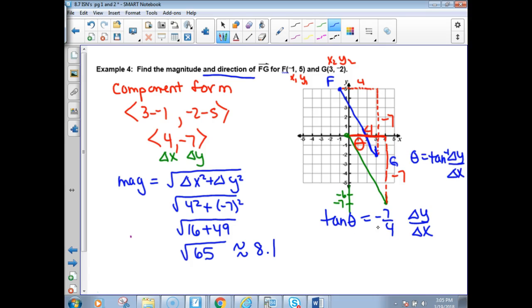So whichever way works for you, they're still going to be the same process. You still have to take the inverse tangent if you set it up this way. And that's negative 7/4. I just wrote that goofy. Let me make that clearer. What it's going to look like on your calculator, second tan, negative 7 divided by 4.